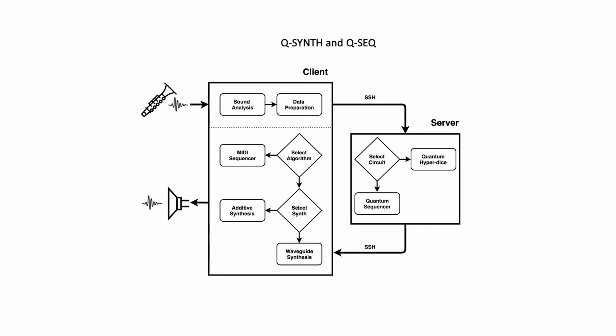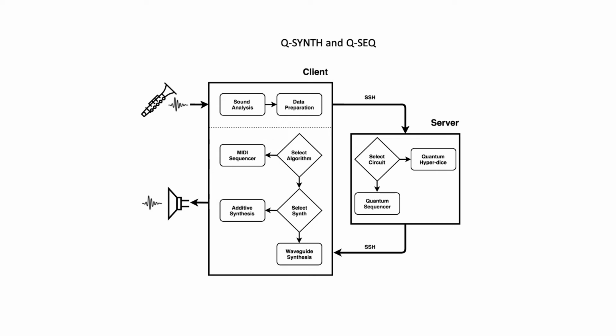Now, I will introduce you to the quantum circuits that I have implemented for this composition, and I will discuss the composition itself. I will show how I composed it and discuss some ideas behind its design.